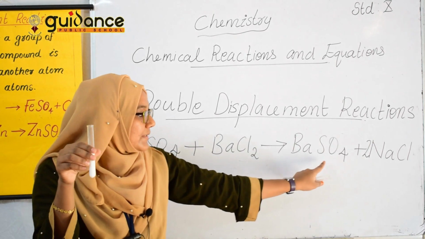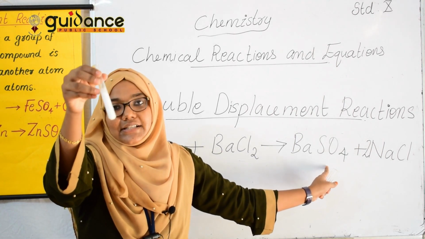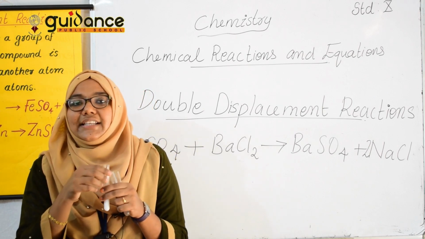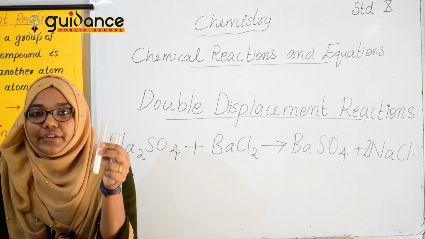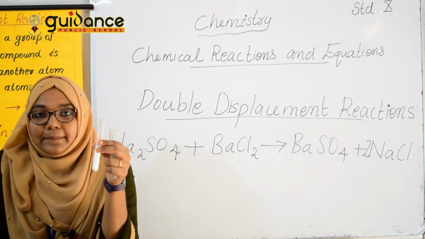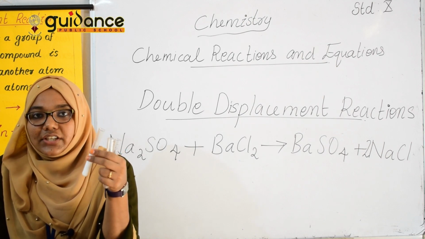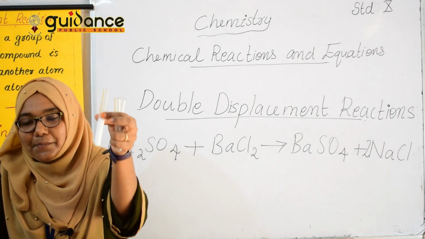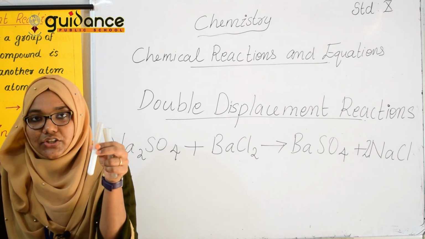This barium sulfate is not dissolvable, so that's why we get it as a precipitate here. So in this reaction we got a precipitate. This type of reaction we can also call a precipitation reaction, that is, a reaction which gives a precipitate.